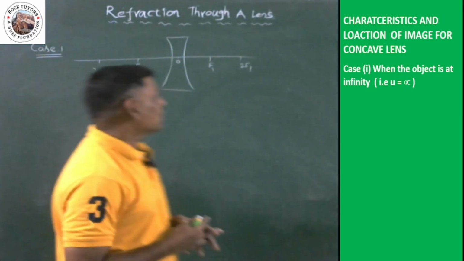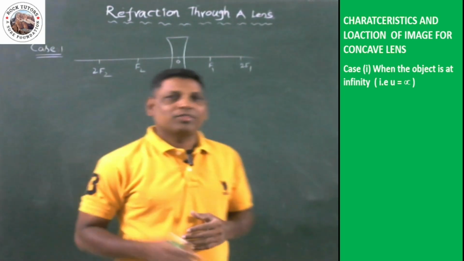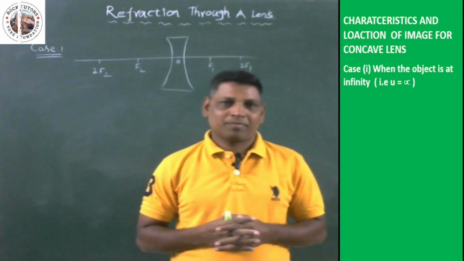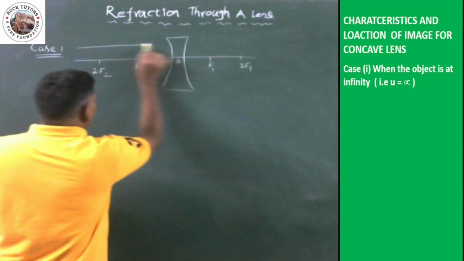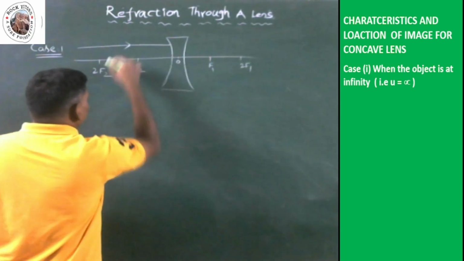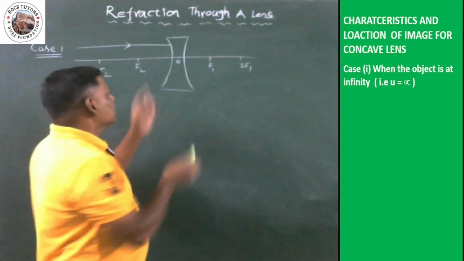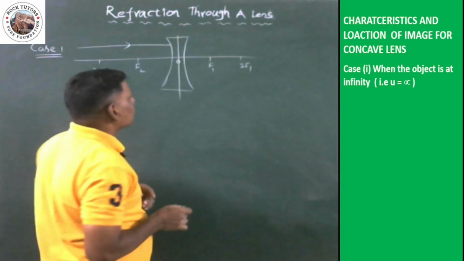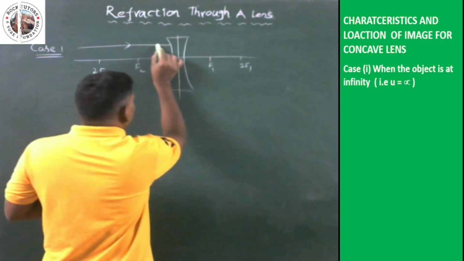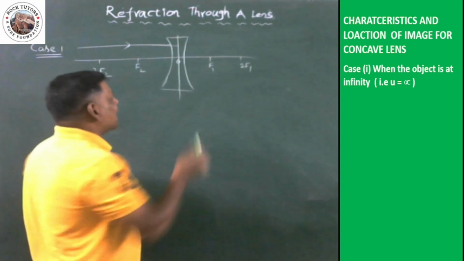You know that when the object is at infinity, the rays are all parallel. When a ray is parallel to the principal axis, after refraction through this lens it moves away from the principal axis.